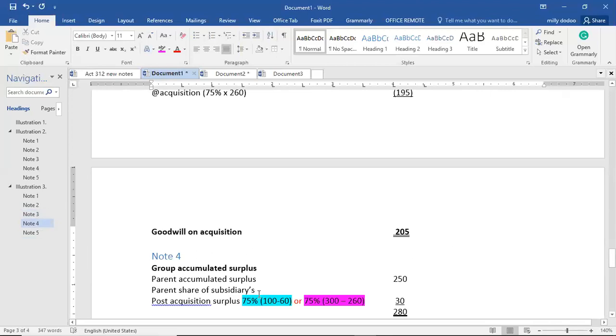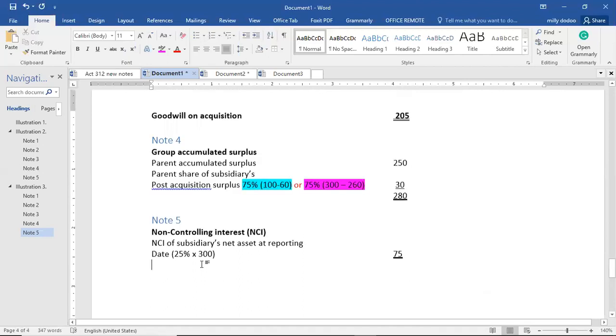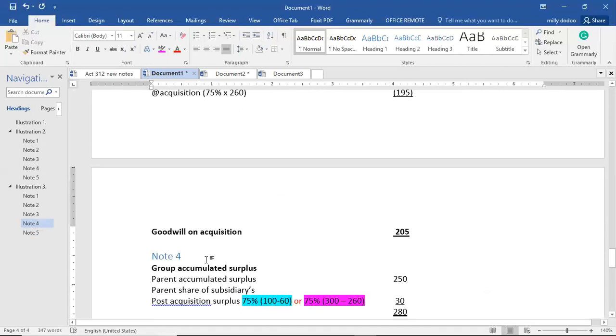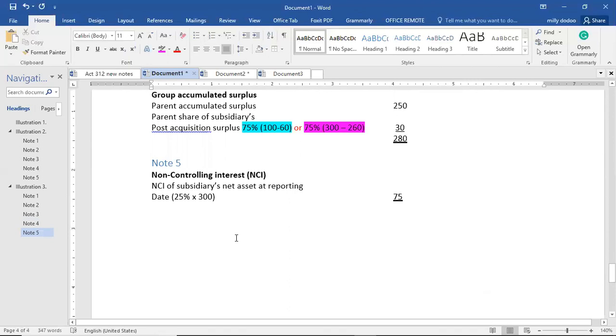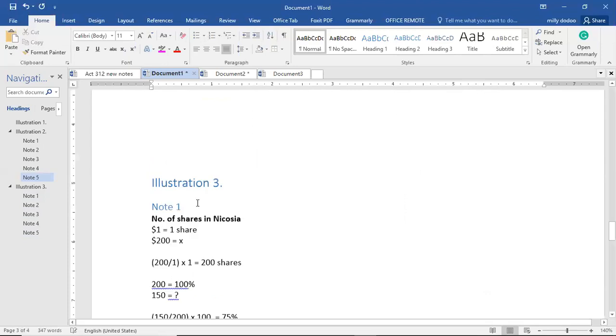So you strike the 25% on the 300. Therefore, 25% of the 300 should give you 75. So non-controlling interest in our scenario here is 75.